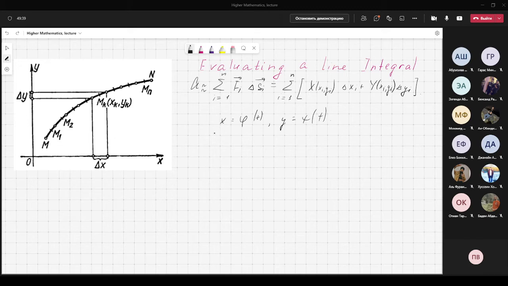Put x_i equals phi of t_i, y_i equals psi of t_i.